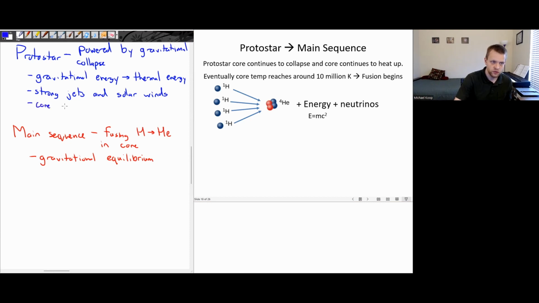So core heating and compressing, we eventually get conditions to fuse hydrogen.